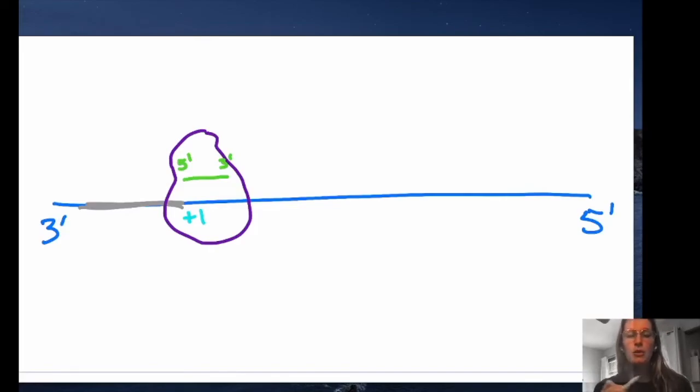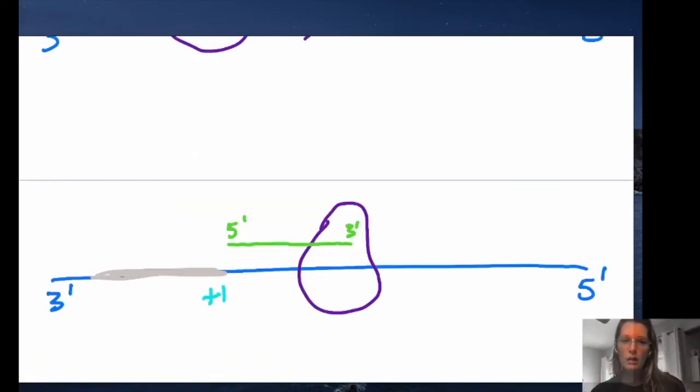And then it keeps adding nucleotides because it can only add them to the 3' end. So it's moving in, oh, I shouldn't use that color. It's moving in this direction. It's adding bases to the mRNA, extending that mRNA, adding to the 3' end.